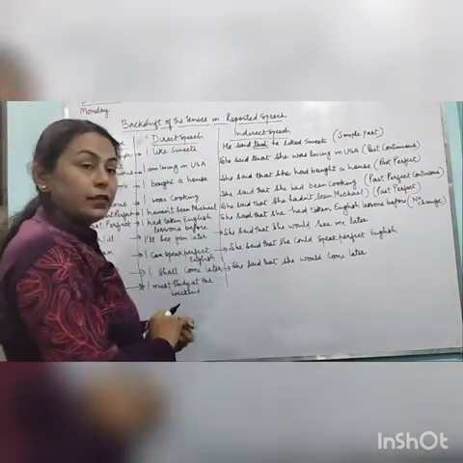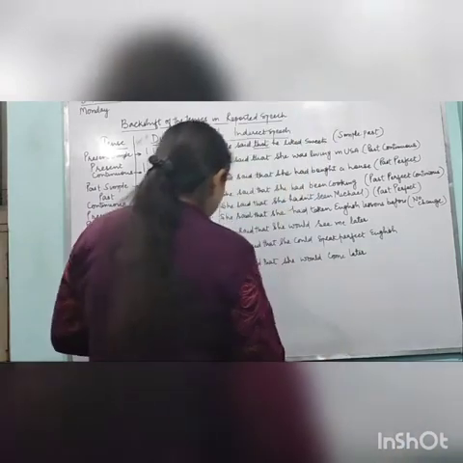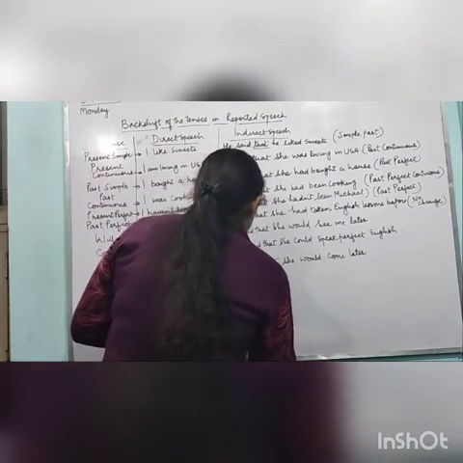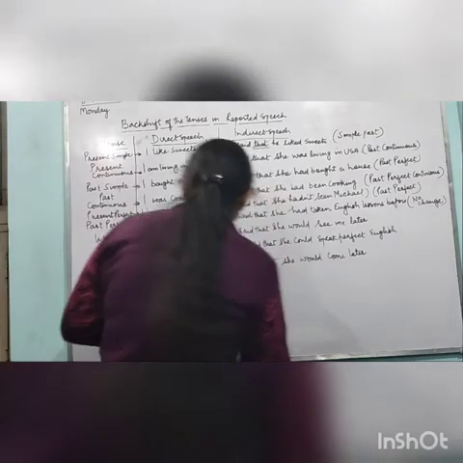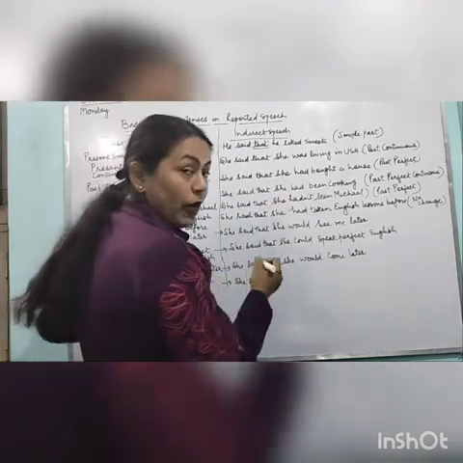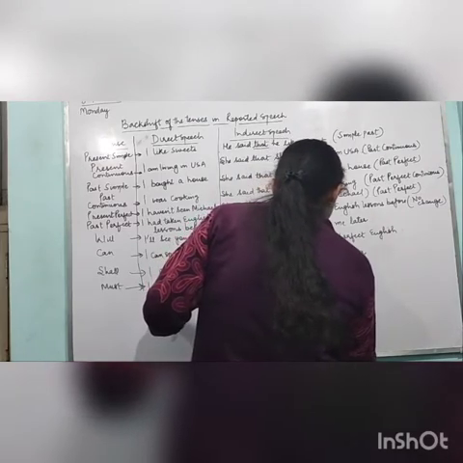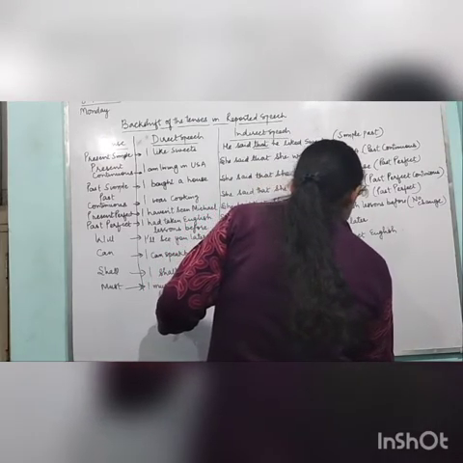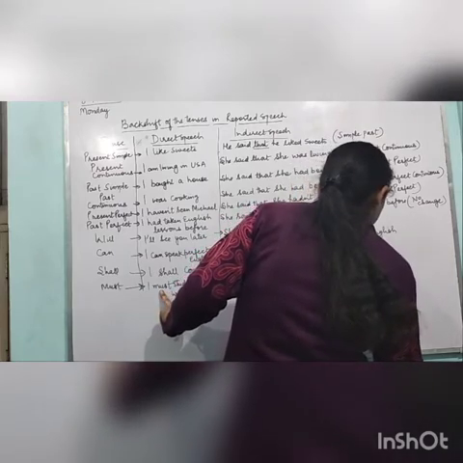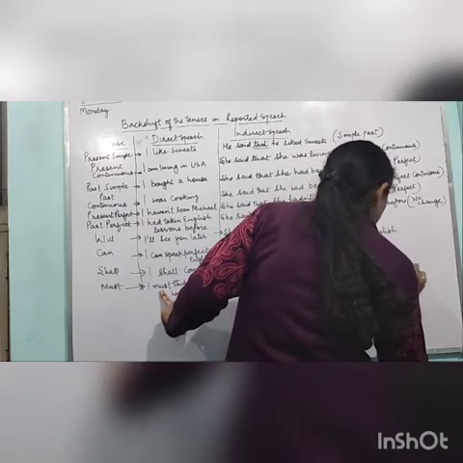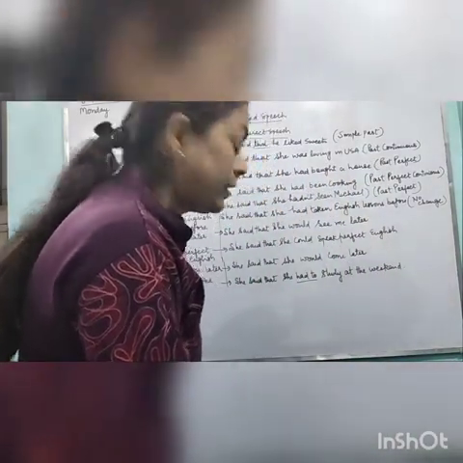I must study at the weekend. She said that she had to study. She said that. Must will be, अगर must है आपका वो had to है, that she had to study at the weekend. Or it can be she said that she must study at the weekend.